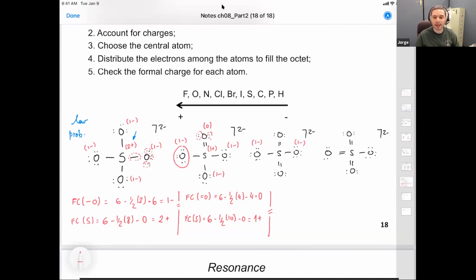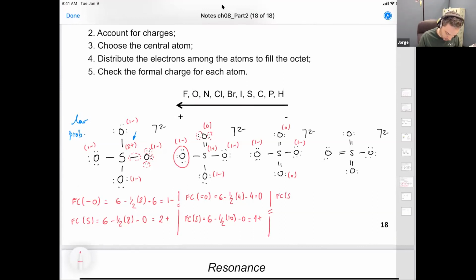Oxygen making a double bond will have formal charge equals to 0. So therefore 0 on top and 0 at the bottom. Now what's left is to calculate the formal charge for the central atom, which is sulfur.